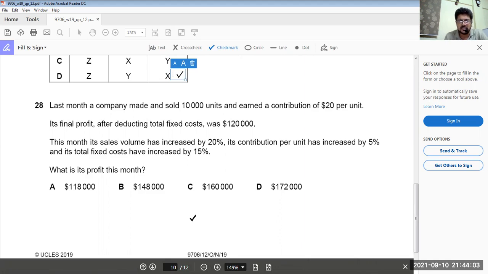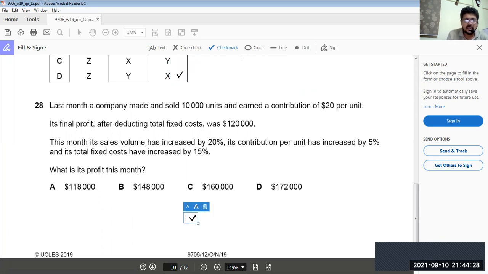This month's sales volume is increased by 20%, so it means 10,000 multiplied by 120% is 12,000 units. Contribution of $20 is increased by 5%, it is 105%, so 21. Fixed cost 120,000 multiplied by 115% is $138,000.